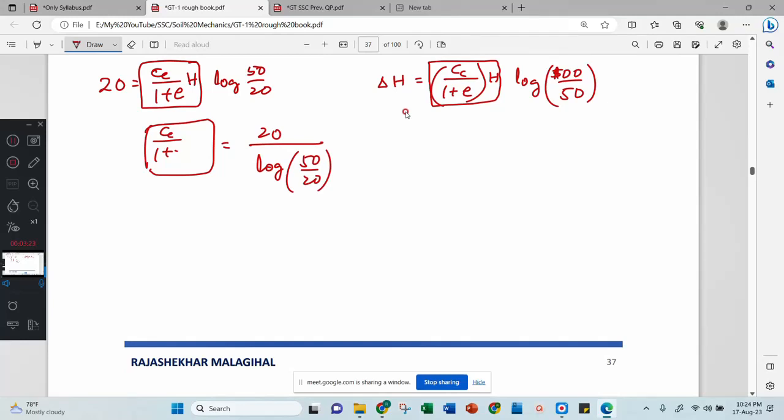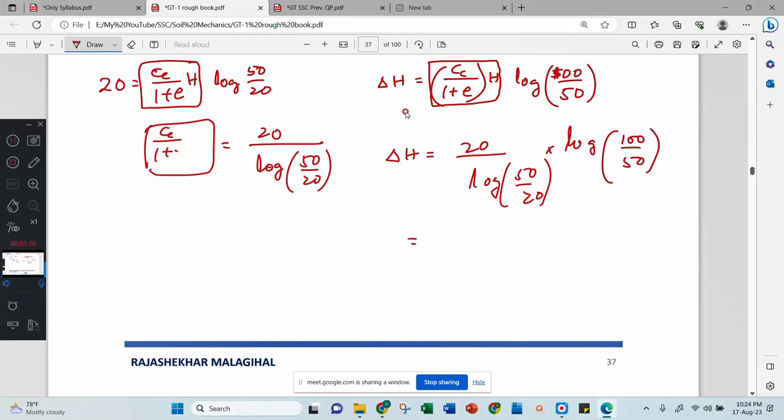Now, in place of the box I will substitute: delta H equals 20 divided by log of 50 by 20 into log of 100 by 50. This is just 20 into log 2, divided by log 2.5.